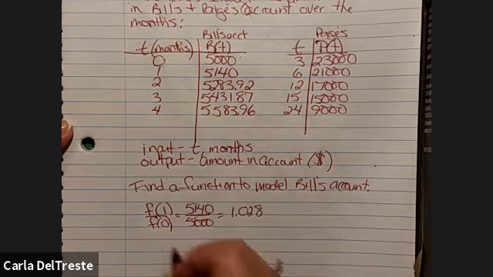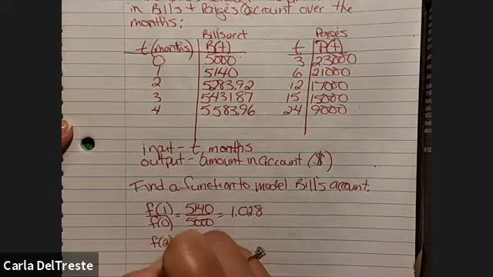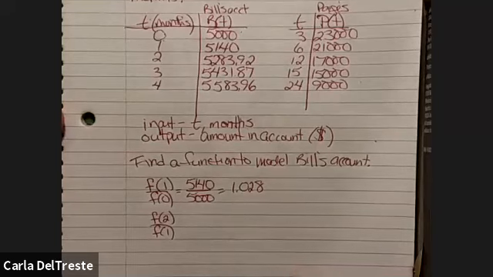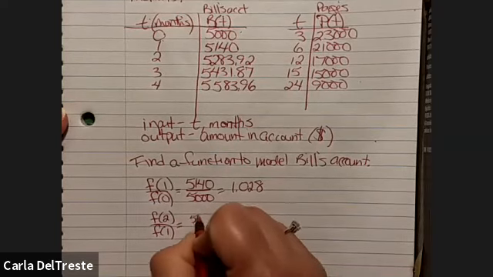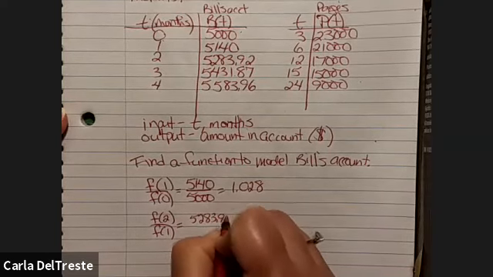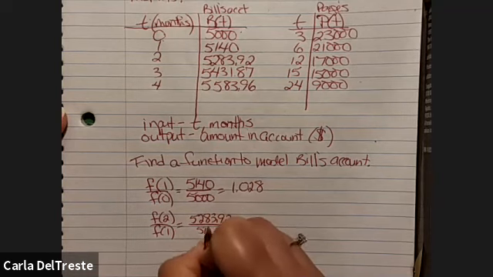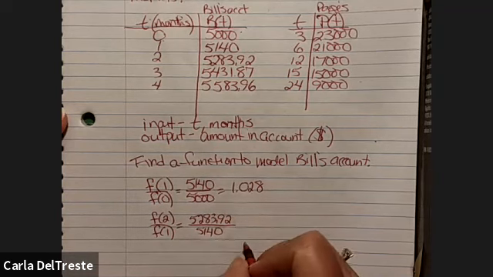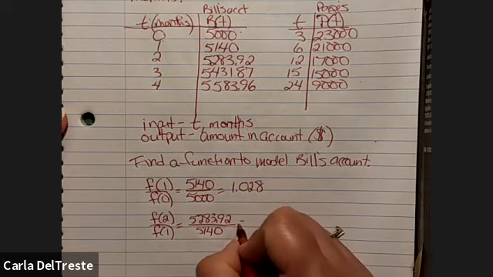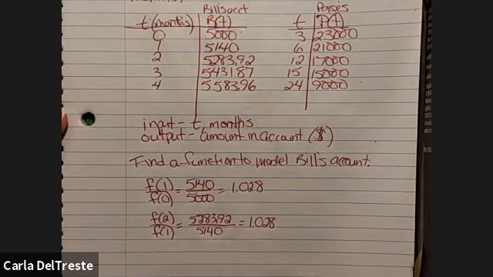All right? Then I'm going to divide f of 2 by f of 1. Okay, again, it's just consecutive outputs. So that's 5,283.92 divided by 5,140. All right, you're going to put this directly in your calculator, and that's 1.028.